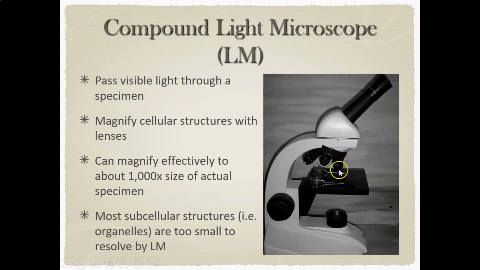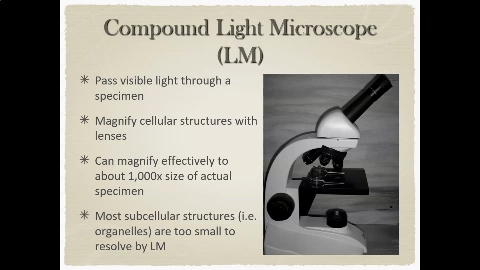You'll actually put a drop of oil between the objective and the slide in order to increase the resolution, because the air passing through those lenses and that light actually distorts it so much, the oil allows for a better travel of that light through it. So that's where we top out with microscopes like this.